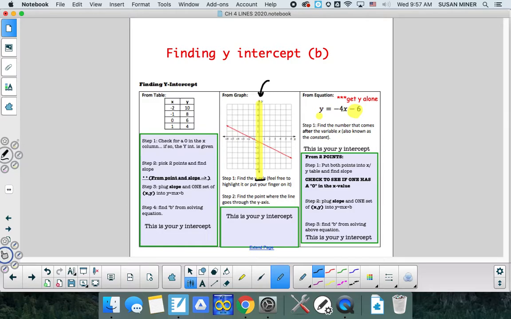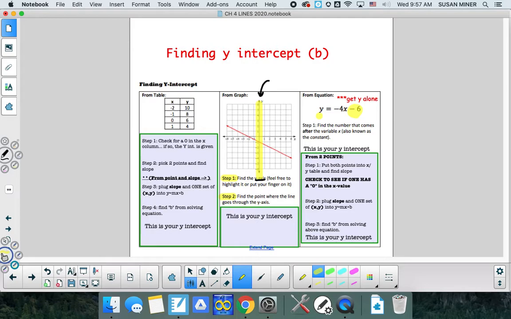Not all graphs have numbers, but you guys should be pretty familiar by now with labeling the y-axis and finding where it is. The y-axis is the one that is running up and down like a thermometer in the middle of my graph. So step one, when I want to find the y-intercept, is start by finding the y-axis.